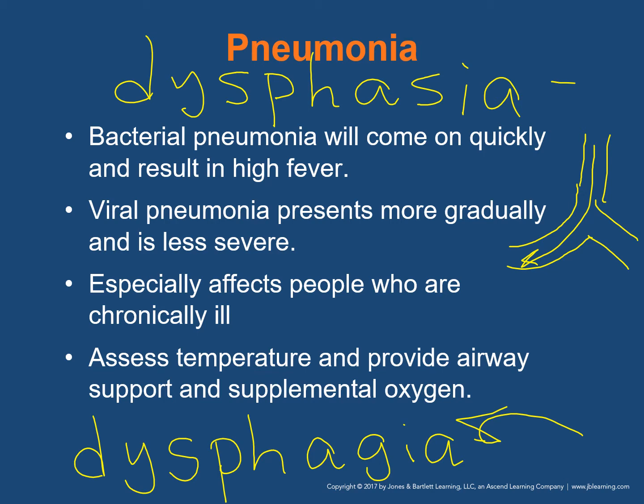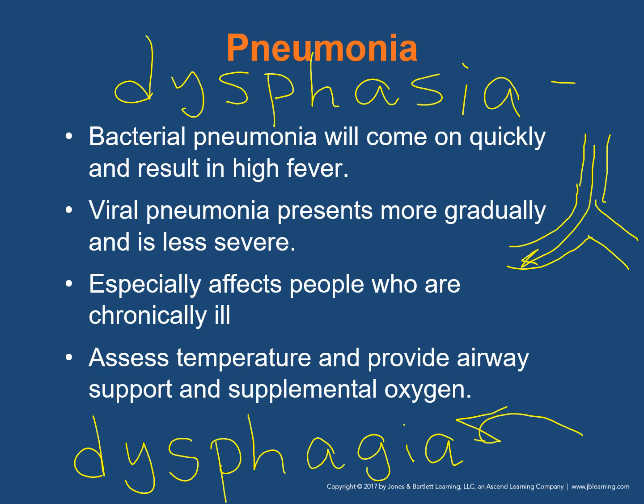Regardless of whether it's bacterial or viral, it doesn't matter. We just need to, first off, protect ourselves. So we'll usually put oxygen on the patient and put a procedure mask over the top of that oxygen, whether it's a nasal cannula or a non-rebreather. We need to assess their temperature and note it.